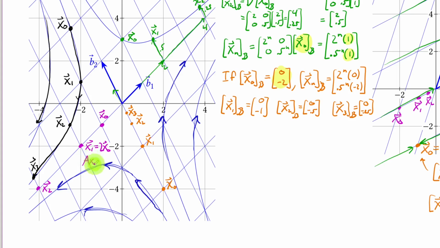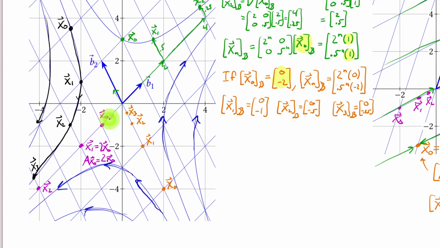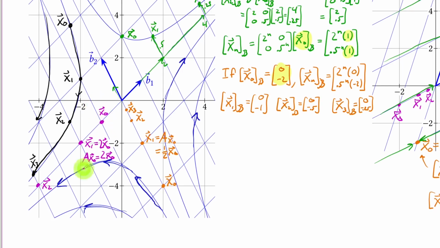So we have A x0 equals 2x0 here. So that was a multiple of b1. And also b2, with this x0, if you do A times that x0, you get 1/2 x0. So this x0 is an eigenvector of A corresponding with eigenvalue 1/2. This purple x0 over here is an eigenvector of A corresponding with eigenvalue 2.